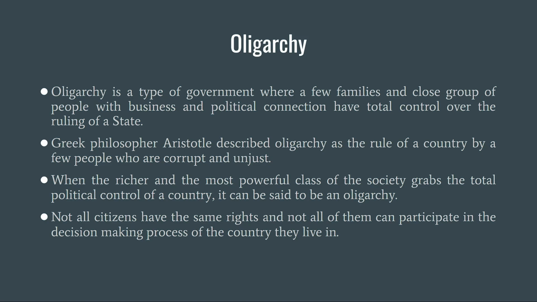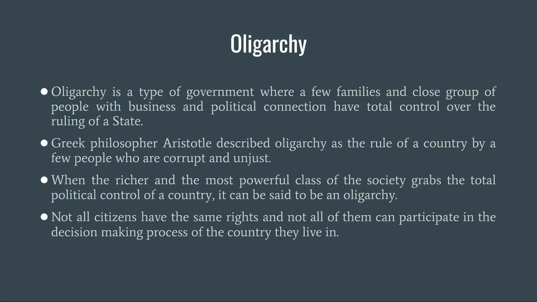Not all citizens have the same rights, and not all of them can participate in the decision making process of the country they live in. In an oligarchic system, there may be some elections, but the actual power holders always remain the same, because they can determine who gets the political power and who gets to do business in that state.